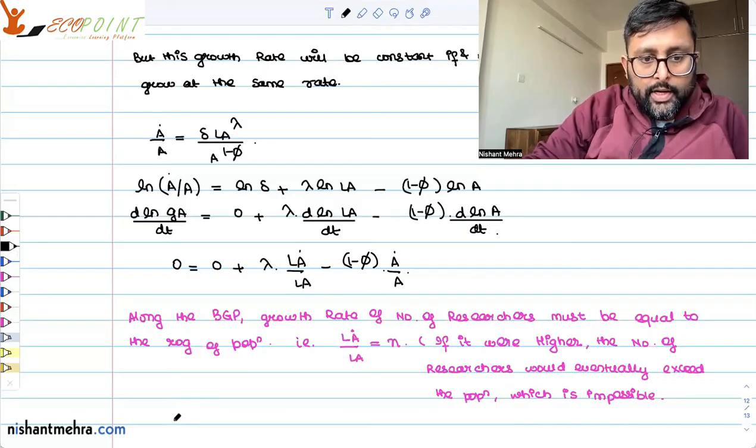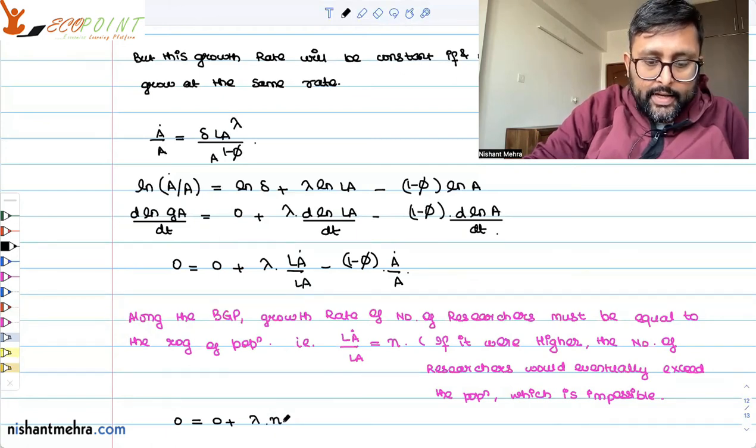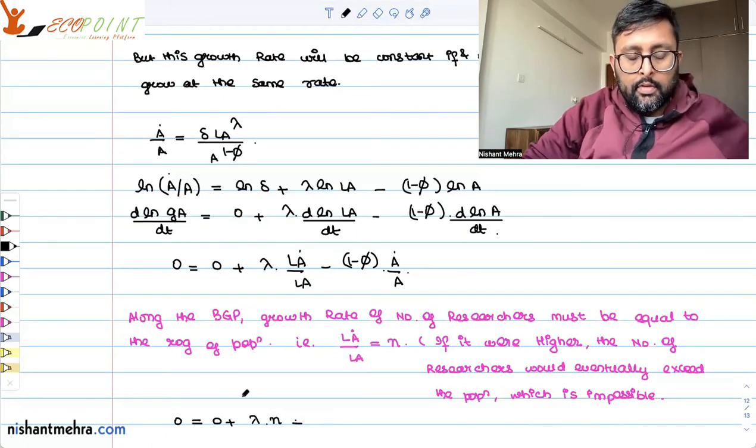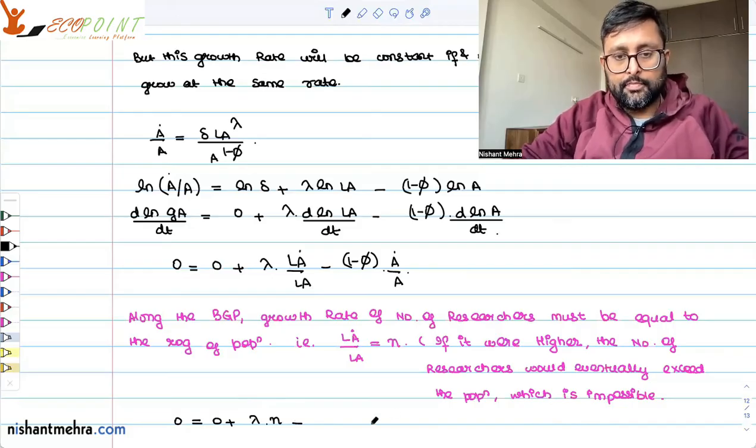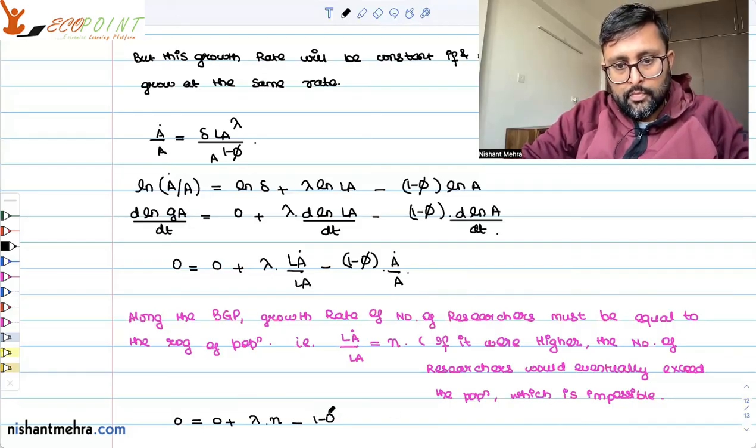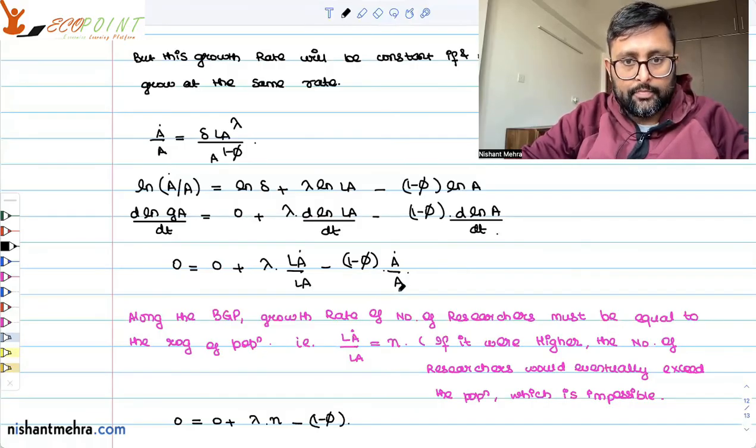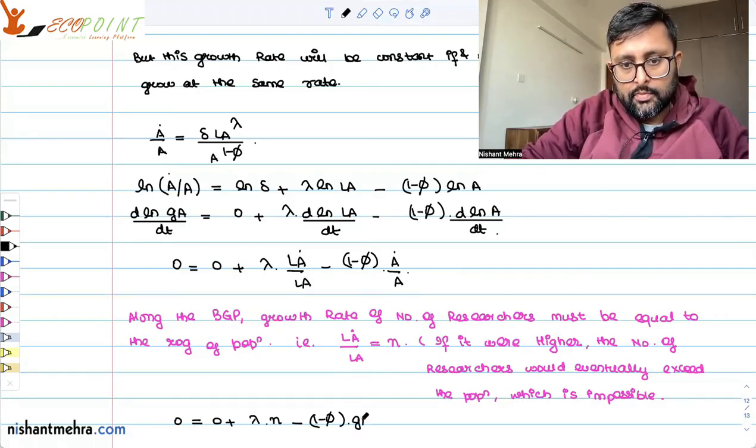So now what can I write? In place of L_A dot by L_A, I can write n. So n minus 1 minus phi times A dot by A, which is G_A, right?